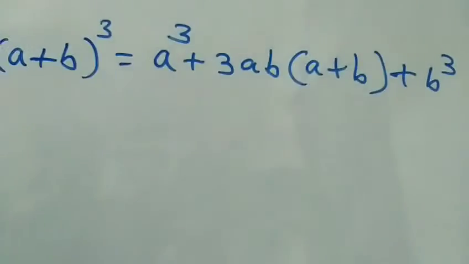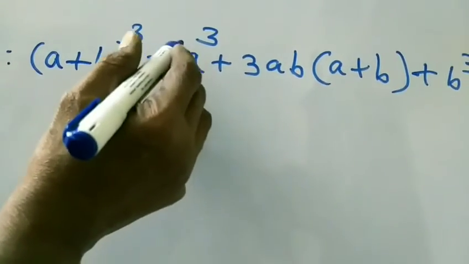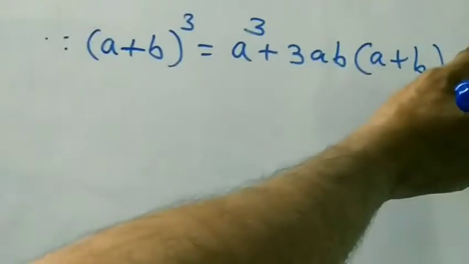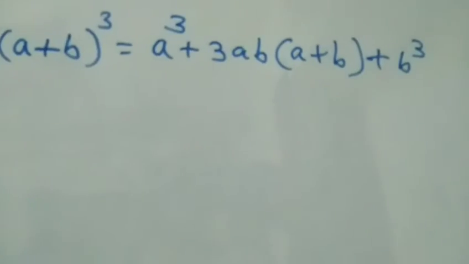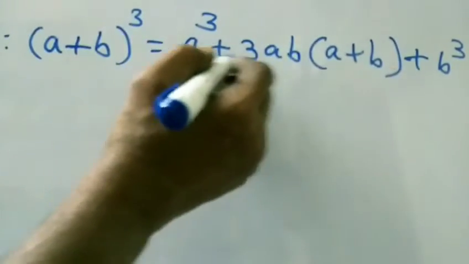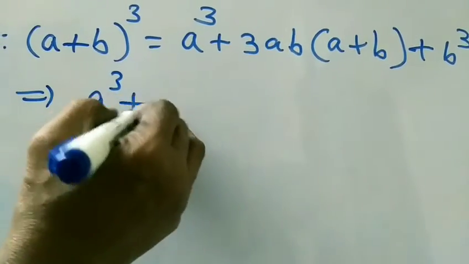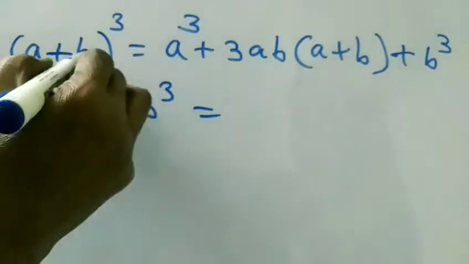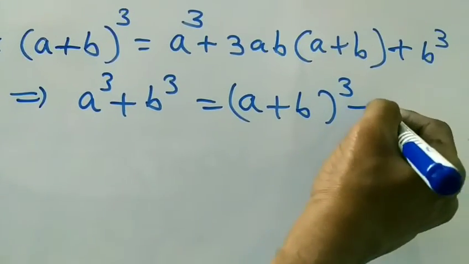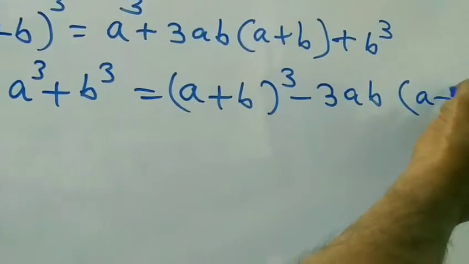So here, in place of a cube we have sin square x whole cube, and in place of b cube we have cos square x whole cube. We need only a cube plus b cube, which implies a cube plus b cube is equal to a plus b whole cube minus 3ab into a plus b.